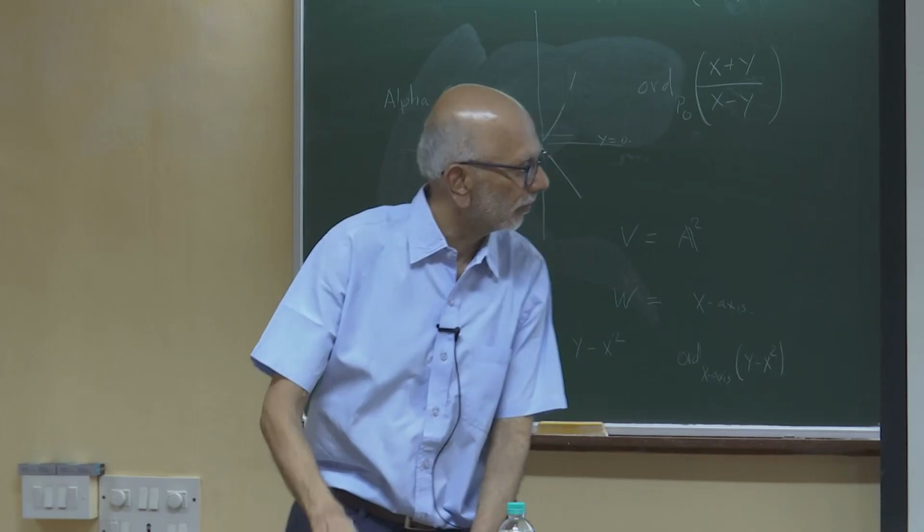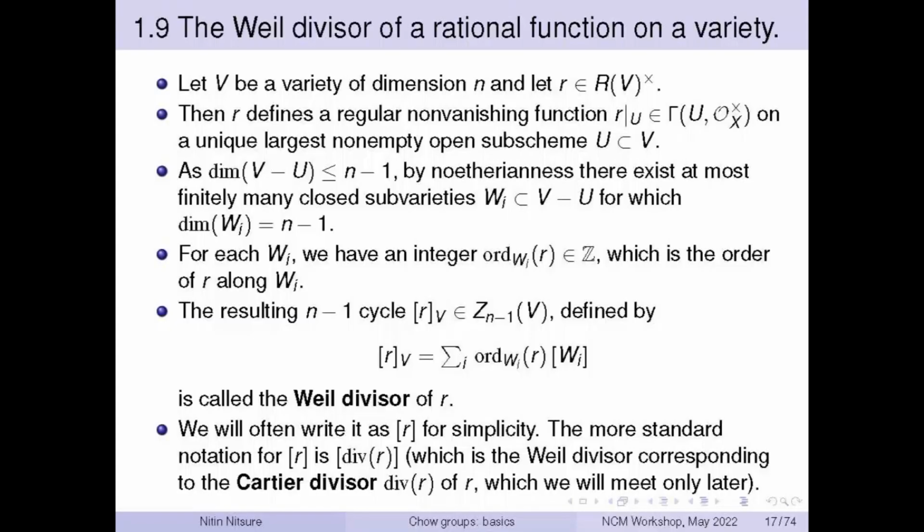So now we are going to implement it. Let's begin with a variety, and you will see this method has an obvious restriction, and we'll have to do one more thing to expand it. So let's take a variety of dimension n, and let's take a rational function on it. Now, any such rational function, and this is something which you know from your Hartshorne chapter 1, think of the affine case when in doubt.